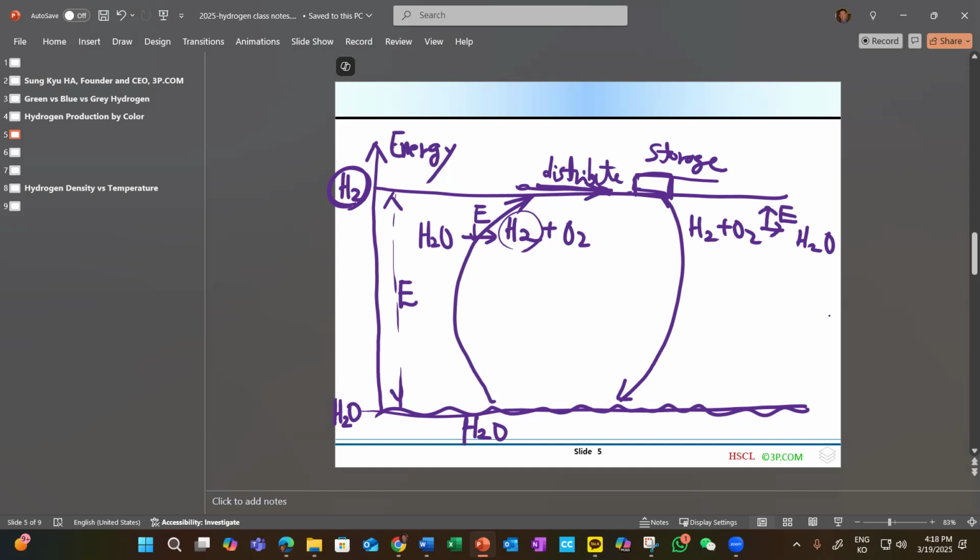Of course, the initial energy in and the energy out are two different, there are different efficiencies. So we also need to understand that one. I hope that this can help you to visualize the green hydrogen.